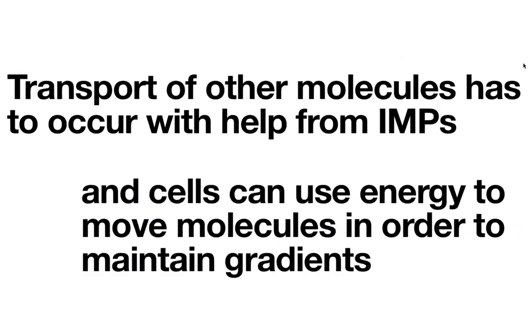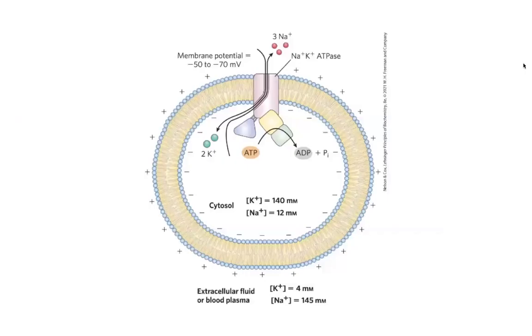So in order to get those other molecules through the membrane, we need help from integral membrane proteins, or IMPs. And cells can then use energy to move molecules in order to maintain those gradients, like we saw in the case of our sodium and potassium ions, having them in concentrations that would not happen if things just moved to equilibrium, where everything would end up being even.